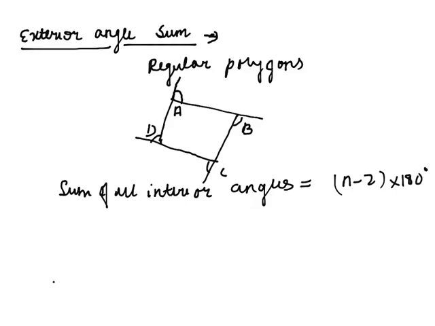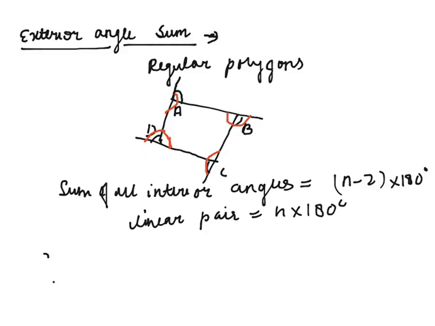And one more thing we know: the number of linear pairs with n sides will be n into 180 degrees. As we have 4 sides, here we have 4 linear pairs. The first one will be this one, the second one we can have this one, the third one in this figure, and the fourth one in this figure. So we have 4 corresponding linear pairs in this figure.